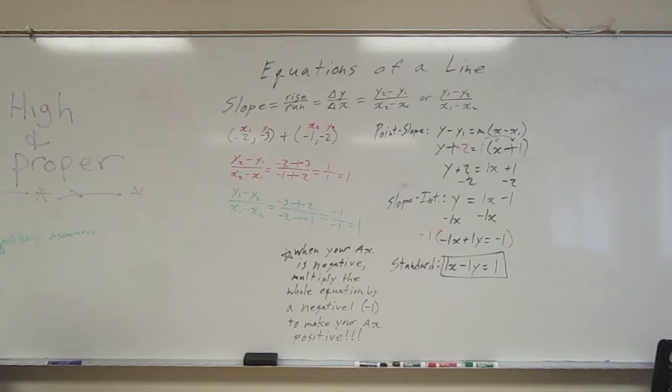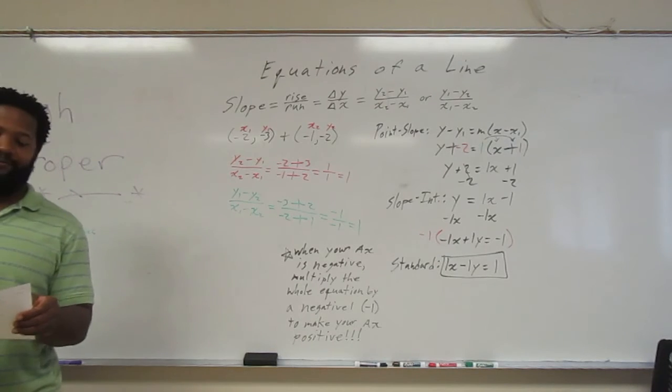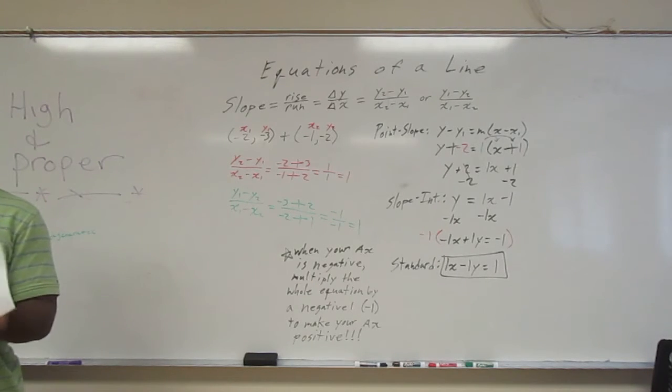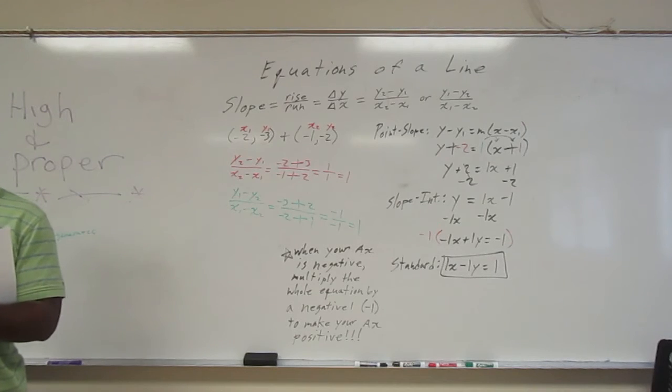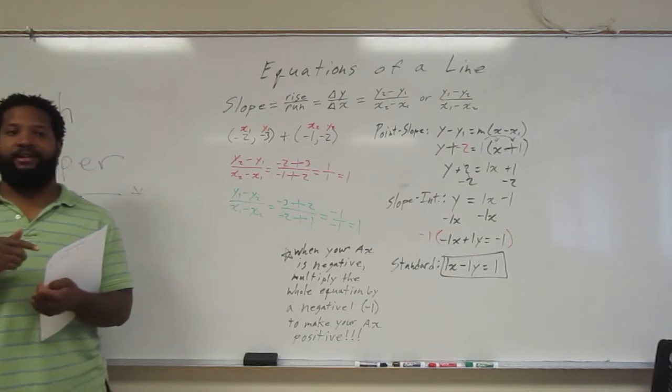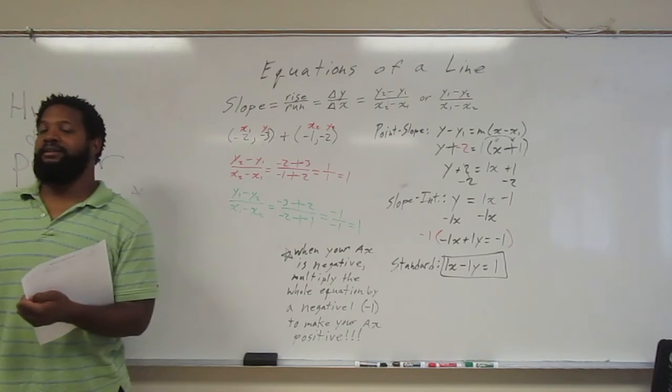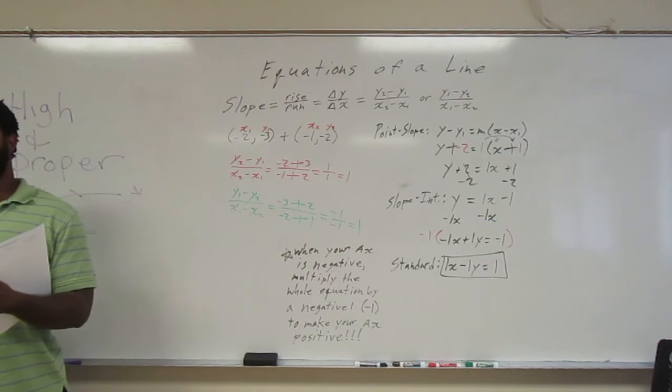Okay? So just understand that when you have a vertical line, your slope is undefined, okay? When you have a horizontal line, your slope is 0, okay?